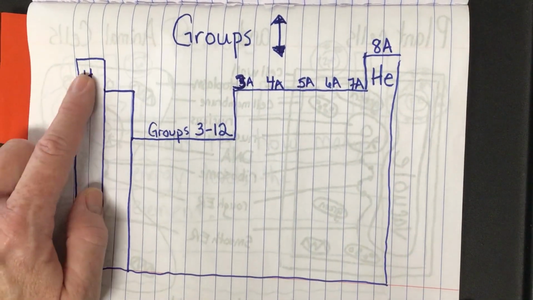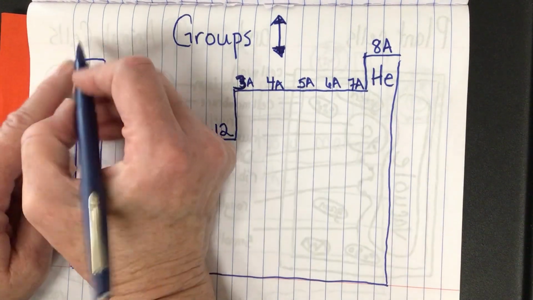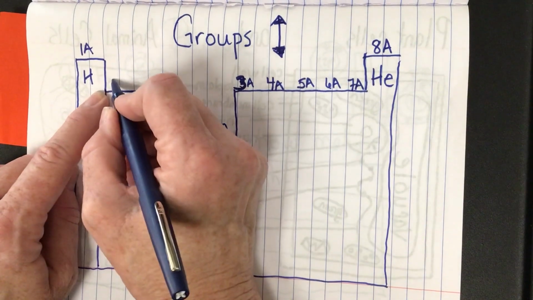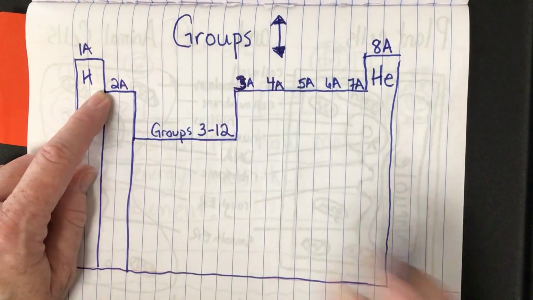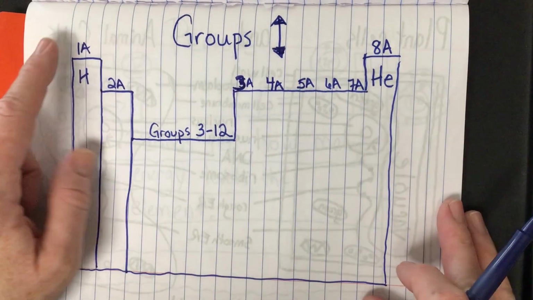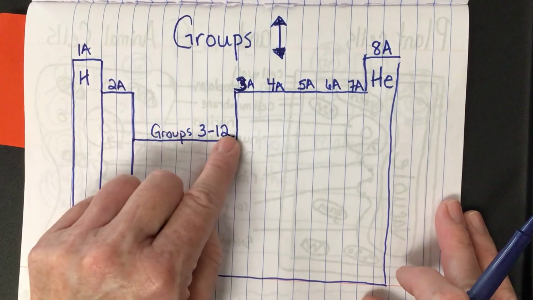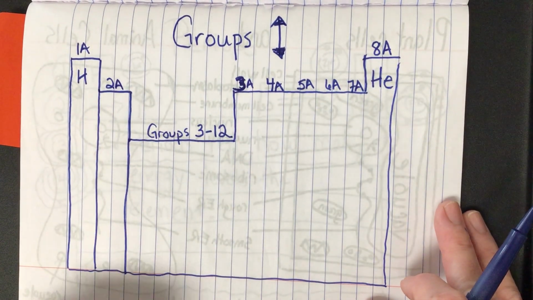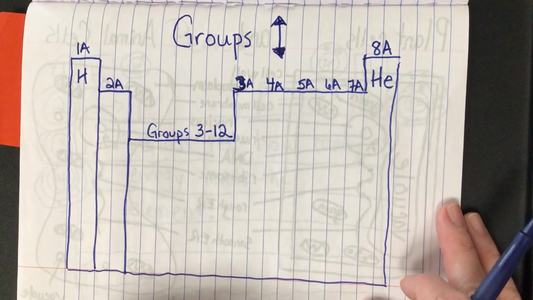All right, what do you think this group is going to be? I skipped it. This is going to be 1A, and this will be 2A. Now, the periodic table also numbers them 1, 2, 3 through 12, 13, 14, 15, 16, 17, and 18. But we're going to look at the numbers with the A on it.